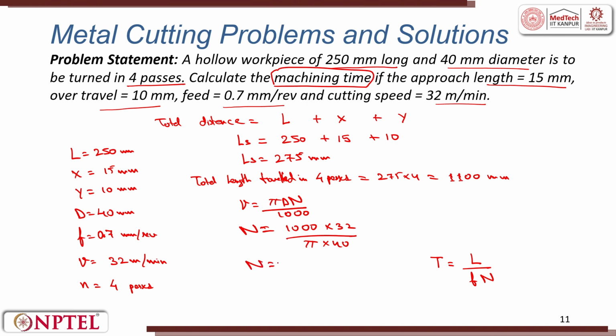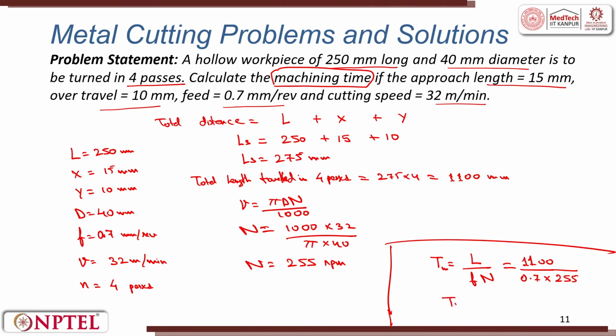This gives me n is equal to 255 RPM. To calculate the time, I will just put the values here. This is equal to the total length traveled, that is 1100, by feed, 0.7, into the calculated RPM 255. This gives me the machining time, Tm, as 6.16 minutes.